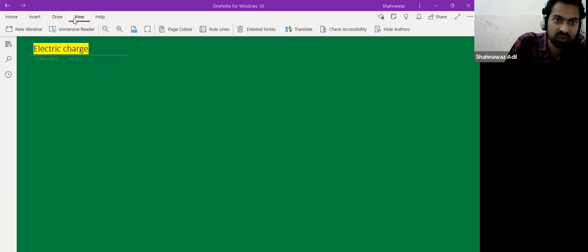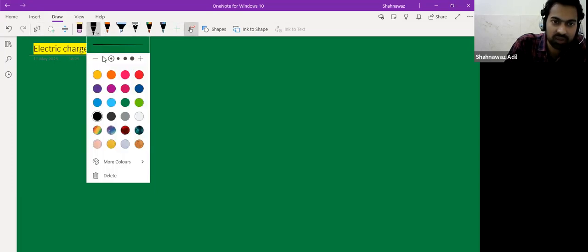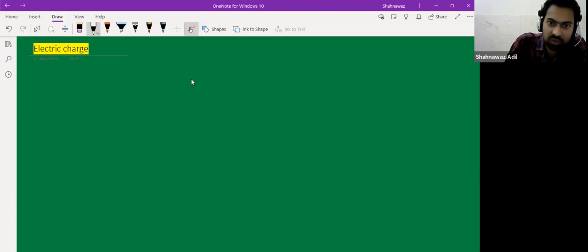So the first two chapters are about electrostatics, right? Meaning that electro means charge, and the second part of this word is rest, right?